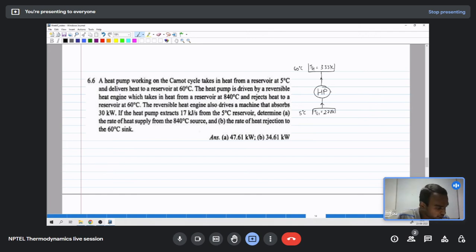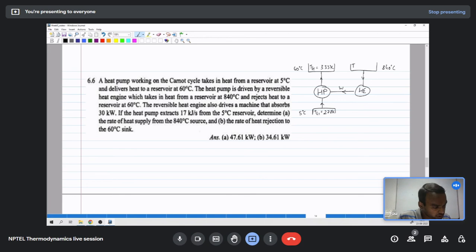And this heat pump is driven by a heat engine that takes in heat from a reservoir at 840 degrees Celsius and rejects heat to a reservoir at 60 degrees Celsius. So we have a heat engine, and that transfers the heat to the heat pump, and the high temperature reservoir is at 840 degrees Celsius.